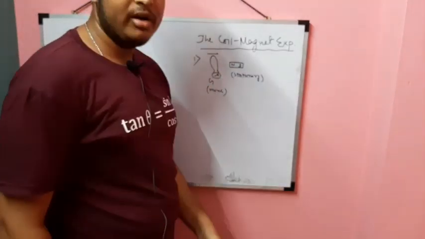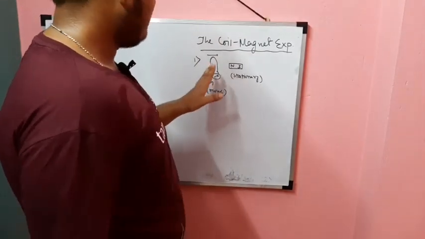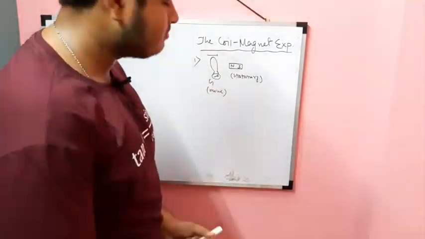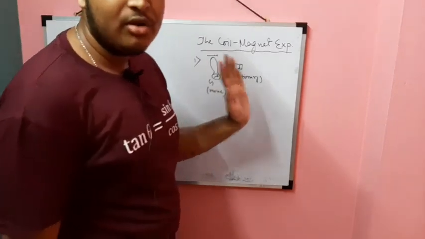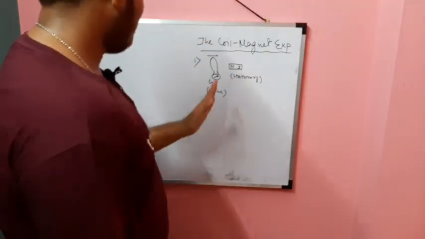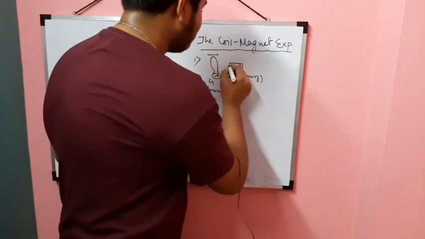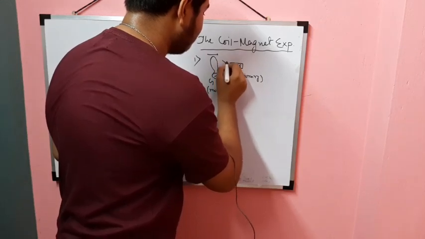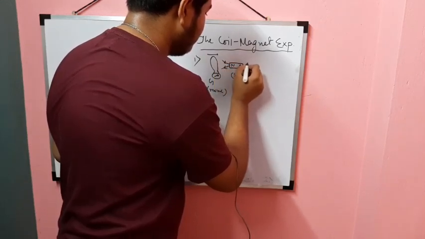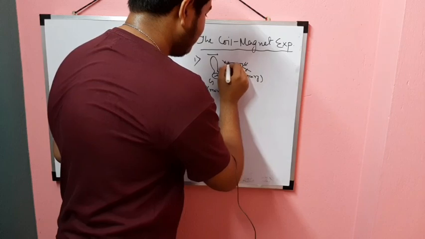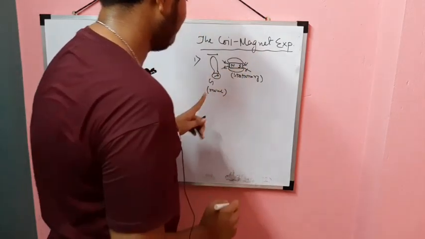When I move the conductor, there are many charges in the conductor and the charges also move, and the magnet creates a magnetic field. You know that a magnet creates a magnetic field.